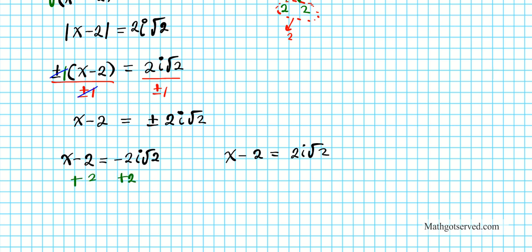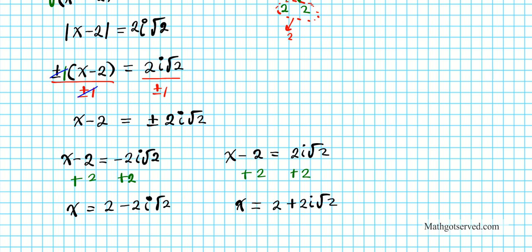So we're going to have x equals 2 minus 2i root 2. So that's the first root. And then on the right side, we'll add 2 to both sides, and we're going to have x equals 2 plus 2i root 2.